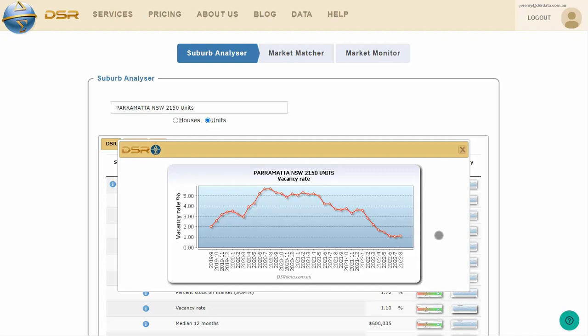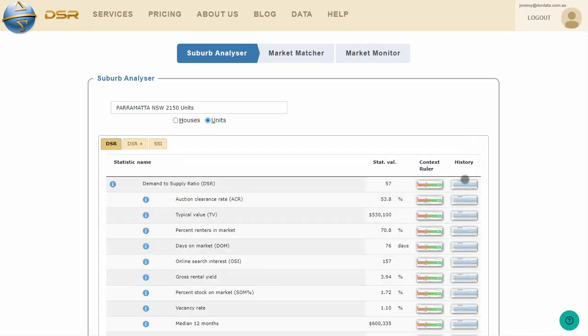So if you were a worried landlord of a unit in Parramatta, things are now looking good. Okay, so make sure you examine historical charts for the key metrics like the DSR Plus and vacancy rates to check for volatility firstly, and you might also notice a trend to give you a heads up as to where the market is heading.